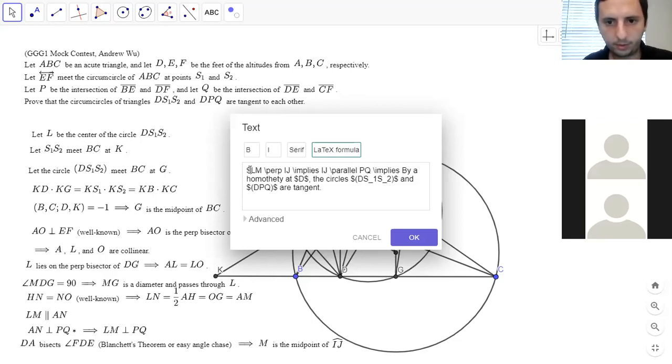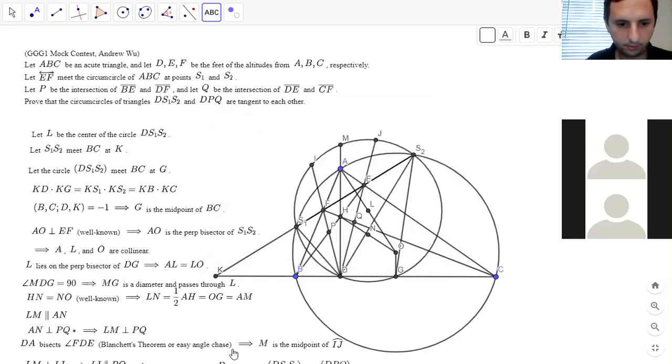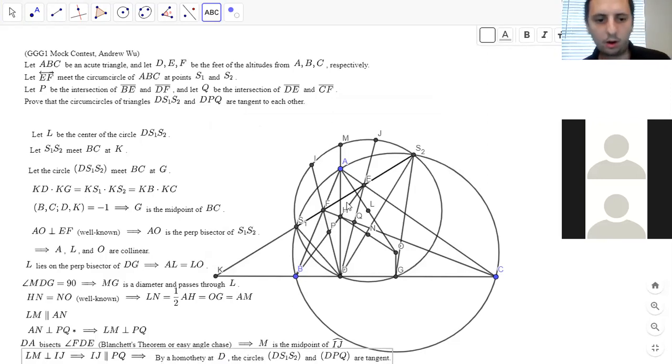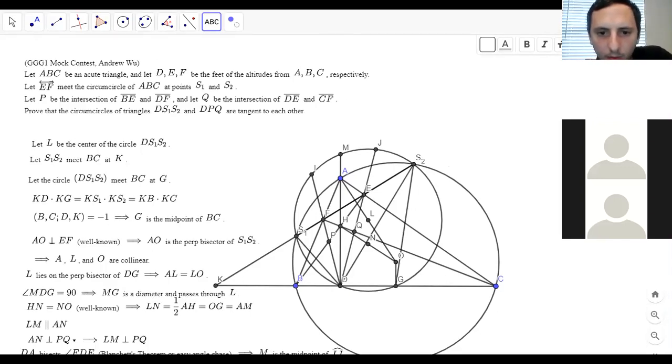So now I'm going to explain what Hakan was asking. Let's see if this all fits. All right. So we want to show how do we know PQ is perpendicular to AN? Basically, Feng, I think, was saying that they have the same power.